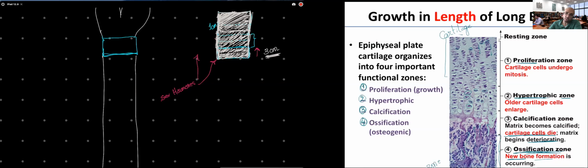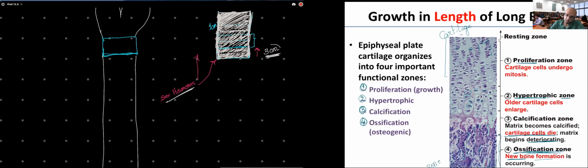And this explains why during puberty, you will see the children are growing fast, and then they stop getting taller. Why does this happen? Because sex hormones are going to be stimulating the cartilage formation and the bone formation.